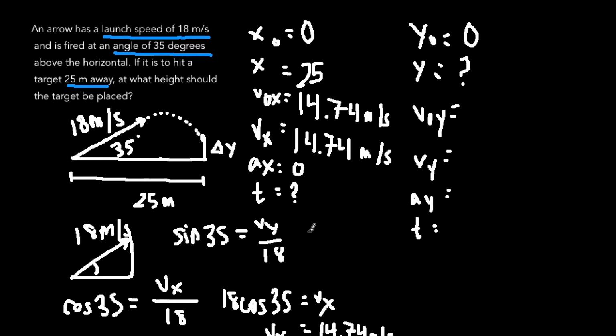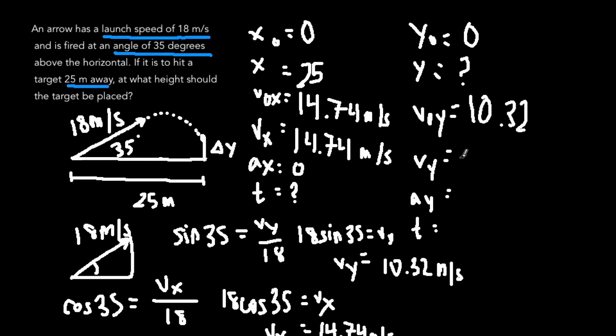It's the same math as over here, but I won't skip it; I'll show my work. 18 sine 35 is equal to Vy. Then running the computation in the calculator, Vy is equal to 10.32 meters per second. And what we can do then is plug that in here.